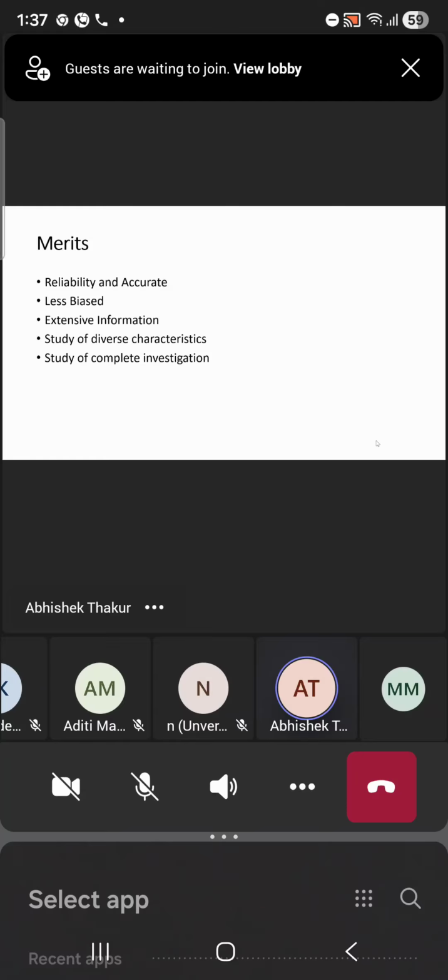It is extensive, and we can collect extensive information from the census and study diverse characters from each person. It is a part of complete investigation.